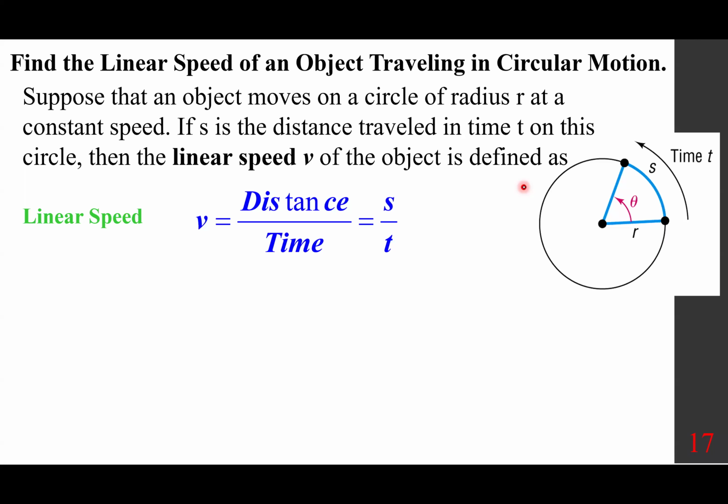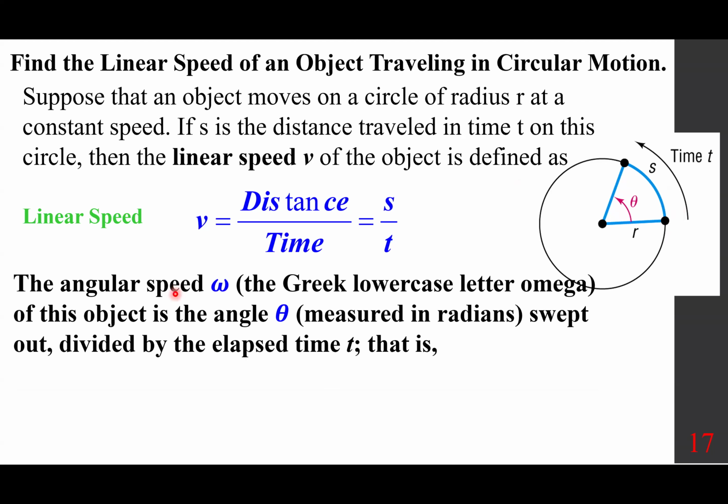So that's pretty straightforward. Remember, s is the arc length, r theta. So that is the linear speed, distance over time.